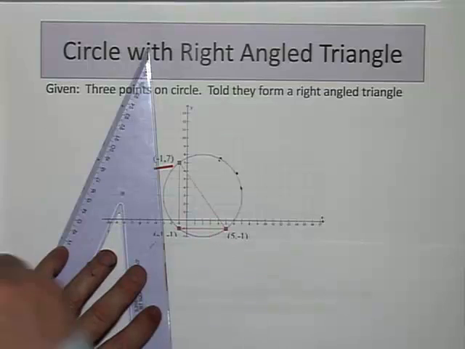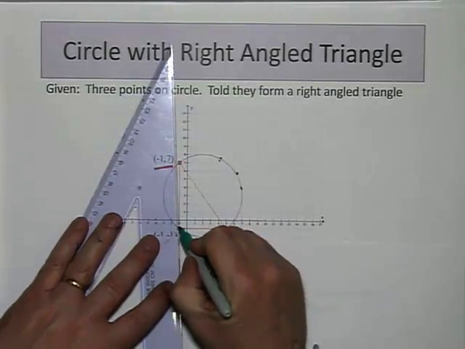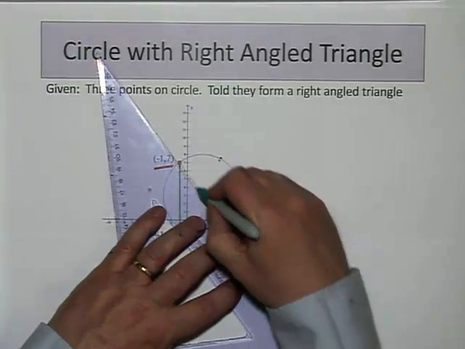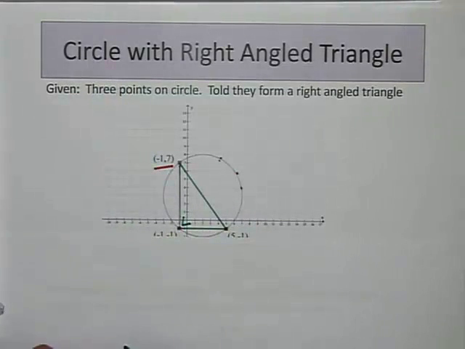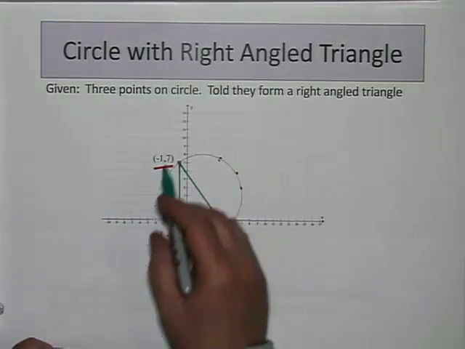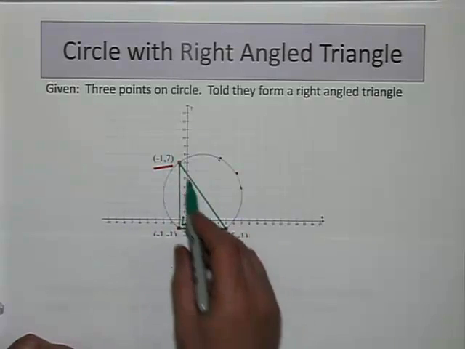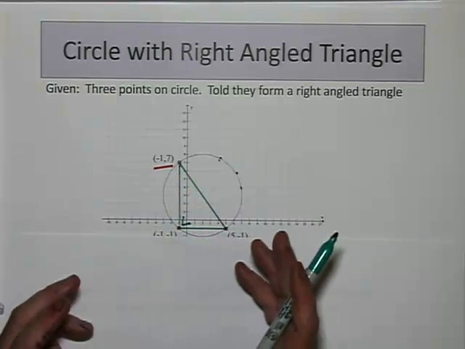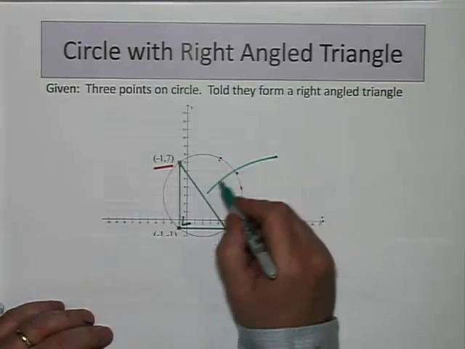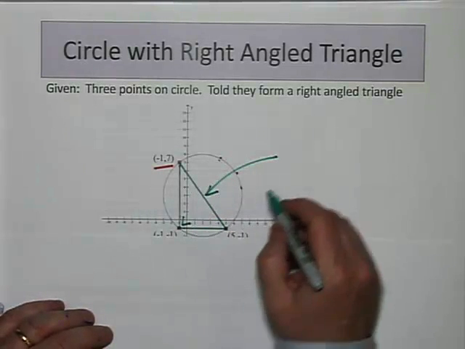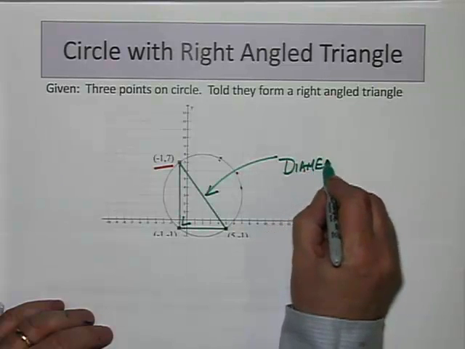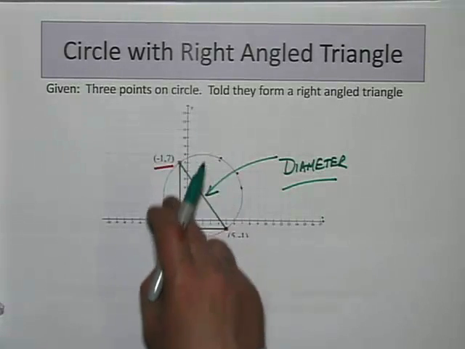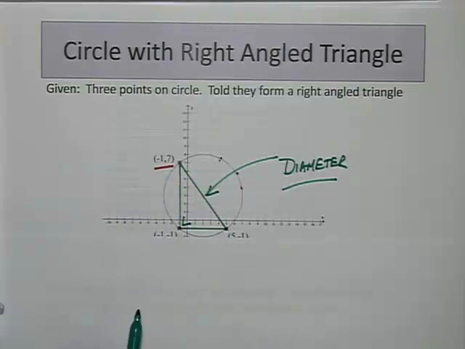But if the triangle has an angle here that is 90 degrees, and it's made up of points on the circumference, it's a theorem and it's proven that this side here, the hypotenuse, is a diameter. If you construct a triangle on the diameter, it will be a 90 degree.